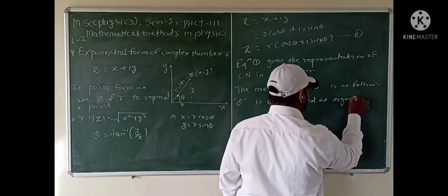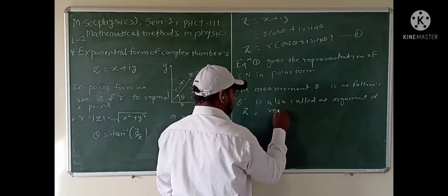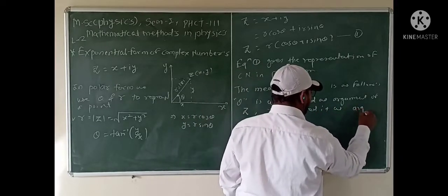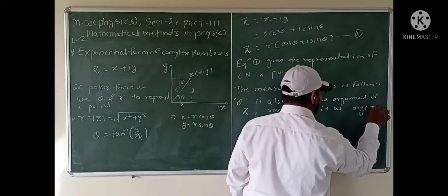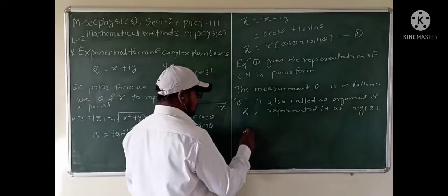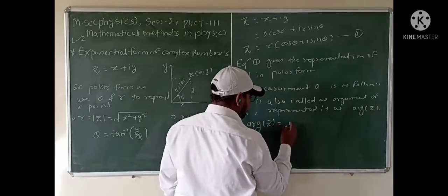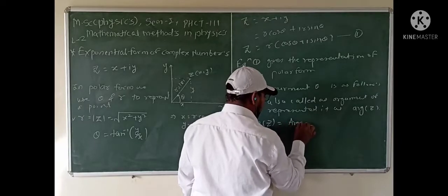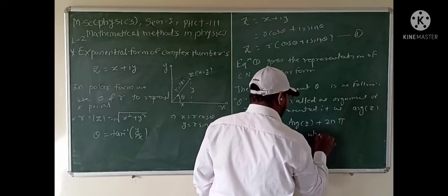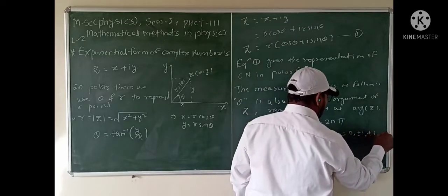It is represented as arg of z. The values of this argument of z can be written as capital Arg z plus 2n pi, where n has values 0, plus minus 1, plus minus 2 and so on.